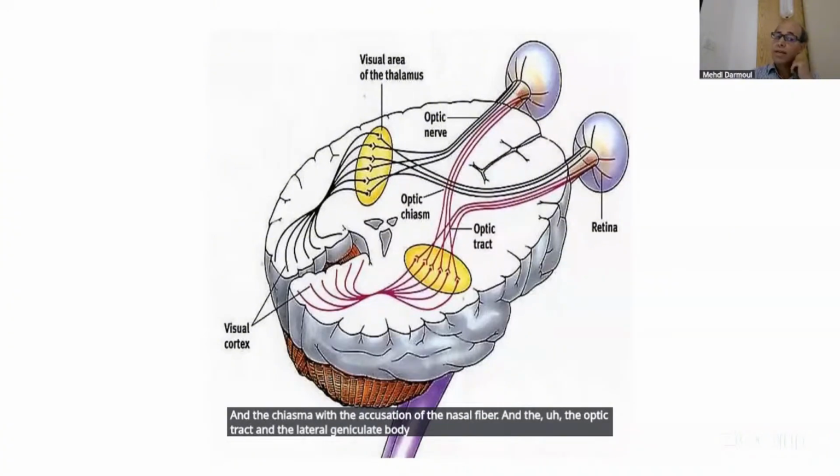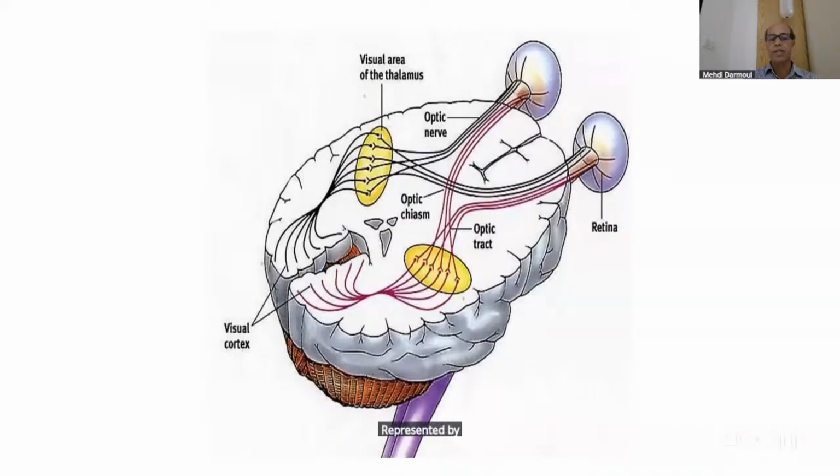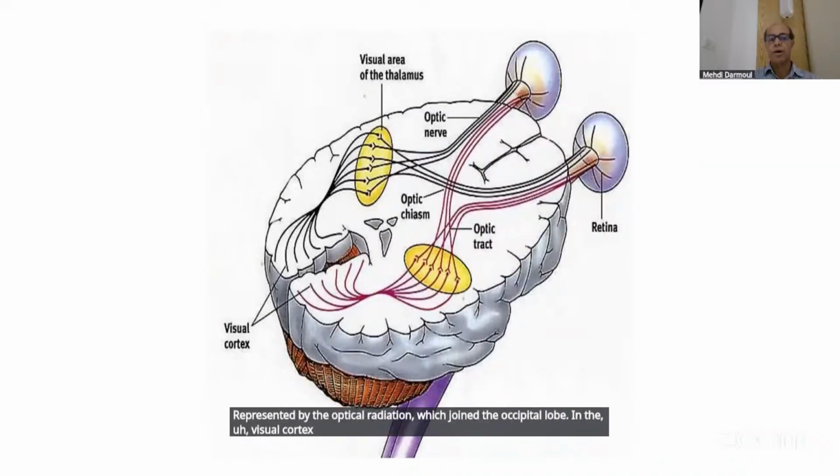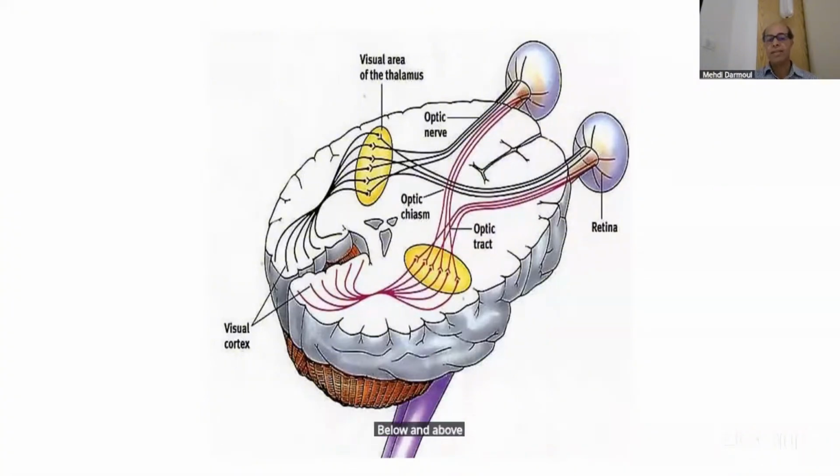In the lateral geniculate body starts the third neuron, represented by the optic radiation, which joins the occipital lobe in the visual cortex, below and above the calcarine sulcus.